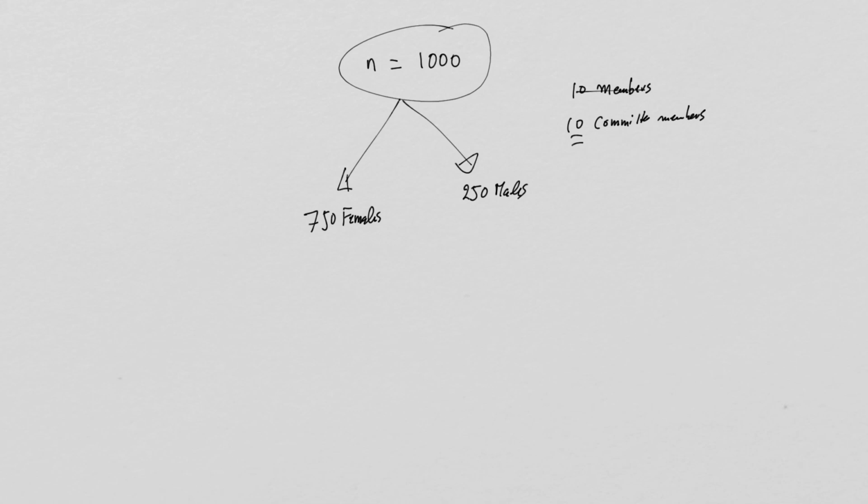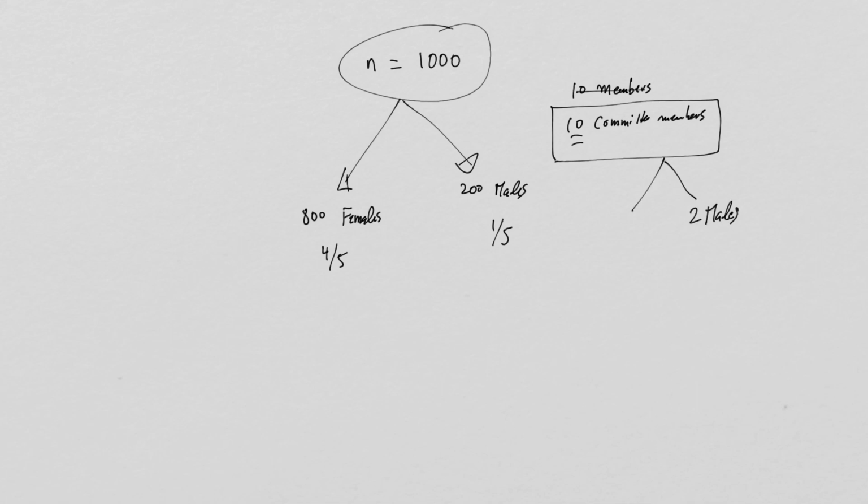Let me pick 800 and 200. You'll see why. So we have 4/5 are females and 1/5 are males. So maybe for this committee, you should have 2 males and 8 females instead.